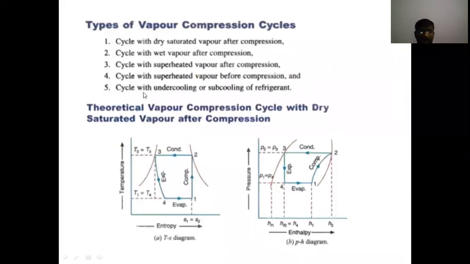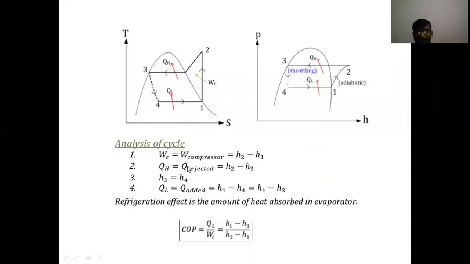Then the last cycle is the cycle with undercooling or subcooling of the refrigerant. Subcooling means cooling of the refrigerant below its saturation temperature. Whenever we reduce the temperature of the refrigerant below its saturation temperature, that refrigerant is called subcooled liquid, which is represented on the TS diagram on the left side of the saturation liquid line.